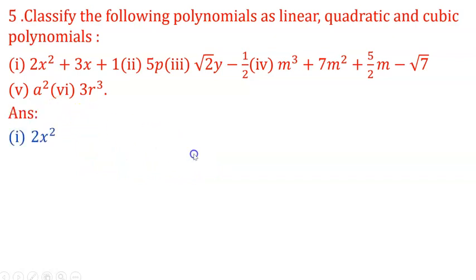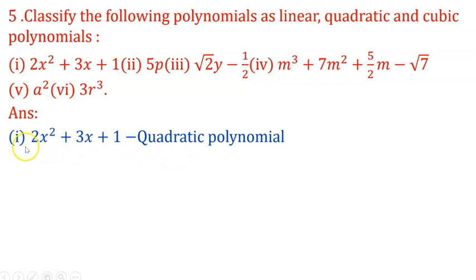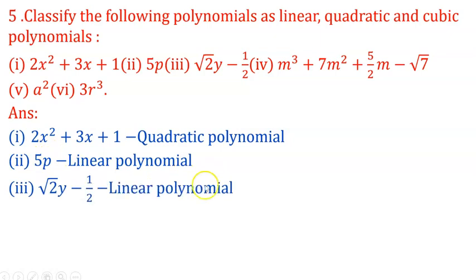Now the first one, 2x square plus 3x plus 1. This is a quadratic polynomial because the highest power is 2. The degree of the polynomial is 2 and hence it is called a quadratic polynomial. Next, 5p. Its degree is 1 and therefore it is called a linear polynomial. Next, root 2y minus 1 upon 2.